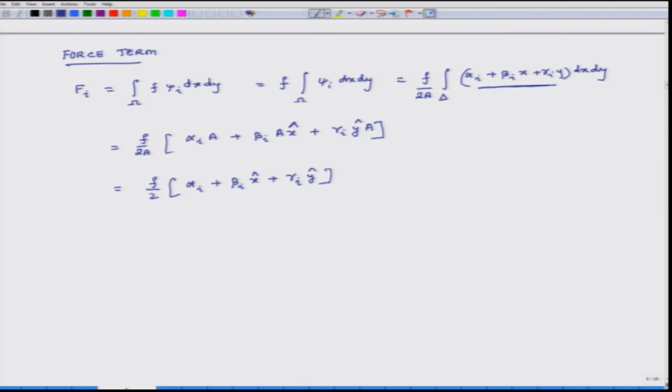And there is another mathematical identity which tells us that alpha_i plus beta_i x hat plus gamma_i y hat equals 2/3 of the area of the triangle. You can do the mathematics and you will find out that it is true. So, what I get is f times a divided by 3, F_i.